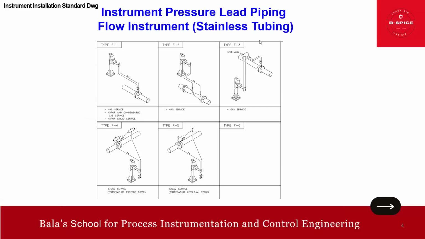And if you are using stainless steel tubing, then this is how it is for gas, vapor and condensable service, and vapor liquid service. This is how it has to be. As you can see here, this is your pipe and your orifice, and after this isolation valve, it goes all the way to the transmitter. So it's mounted up. Okay. So that is a point.